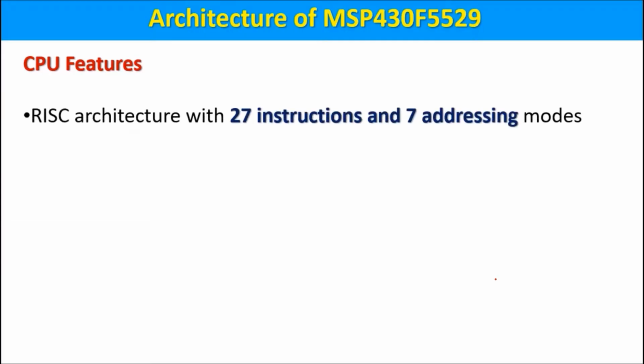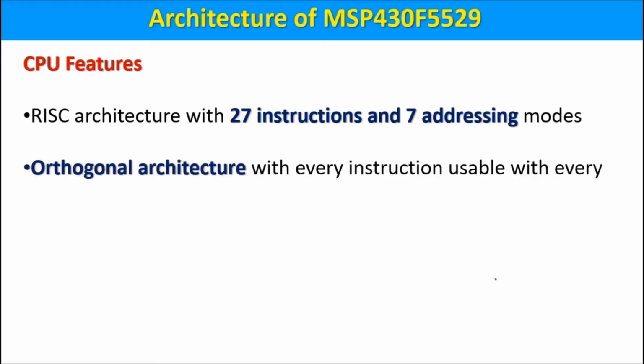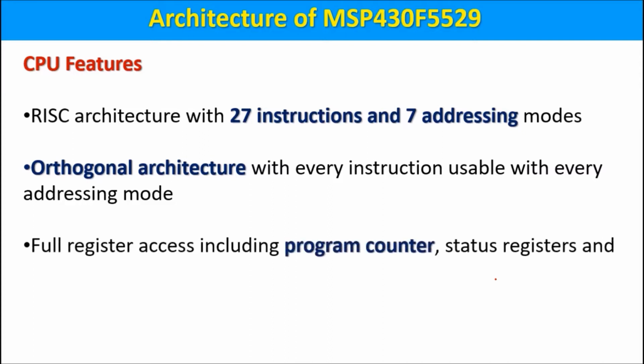Then CPU features: it has a RISC architecture with 27 instructions and 7 addressing modes. Orthogonal architecture, with every instruction usable with every addressing mode. That means each instruction you can write in all addressing modes. That type of architecture is called orthogonal architecture.